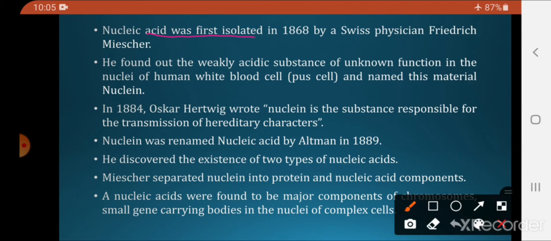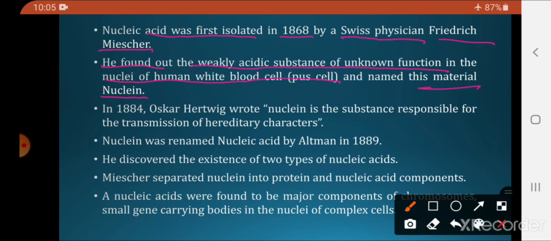Nucleic acid was first isolated in 1868 by Swiss physician Friedrich Miescher. So who first isolated nucleic acid? It was Friedrich Miescher. He found a weakly acidic substance of unknown function in the nuclei of human white blood cells or pus cells and named this material nuclein. So what did Friedrich Miescher find?